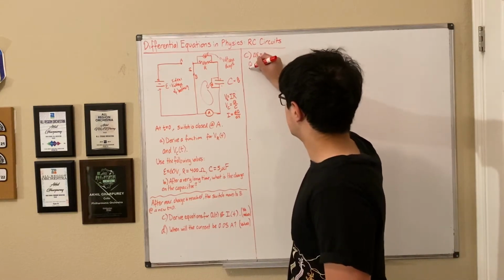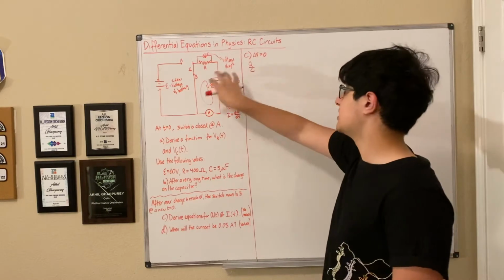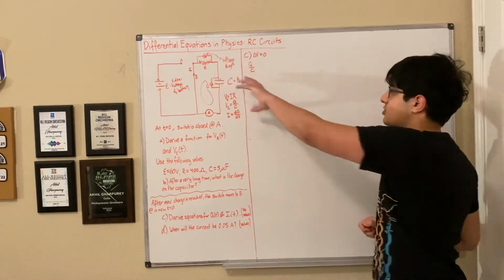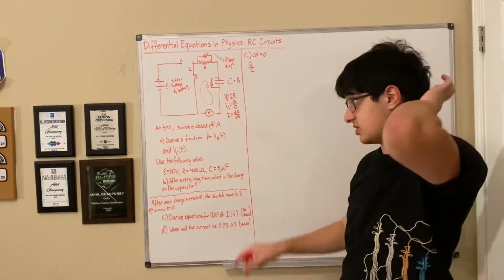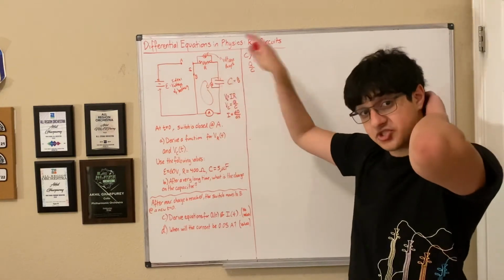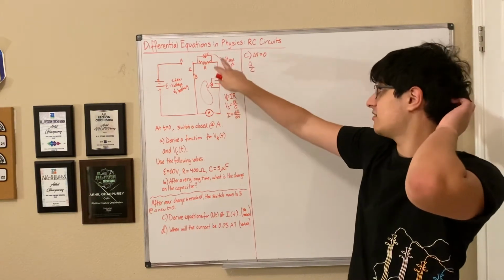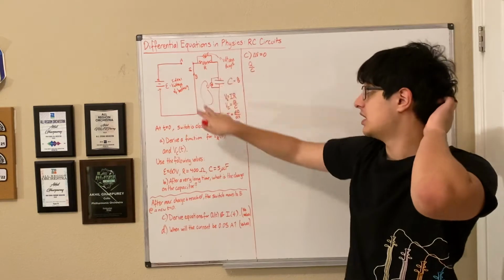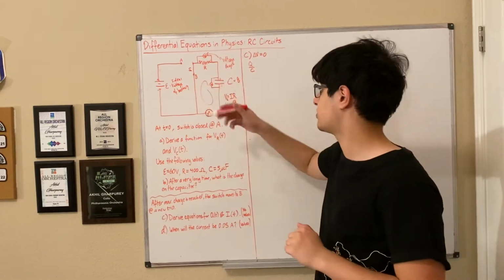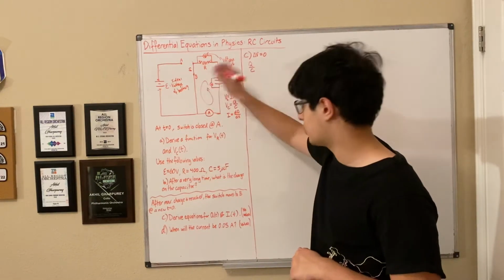This time, the initial voltage is just going to be the voltage of the capacitor minus the voltage of the resistor, because the capacitor has charge now. So you're going to be gaining voltage as you move through this circuit. I also have the direction wrong. It'll go that way.